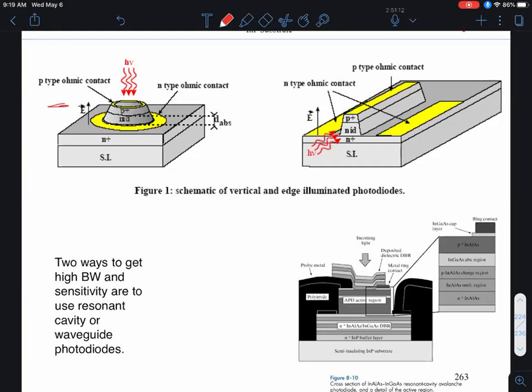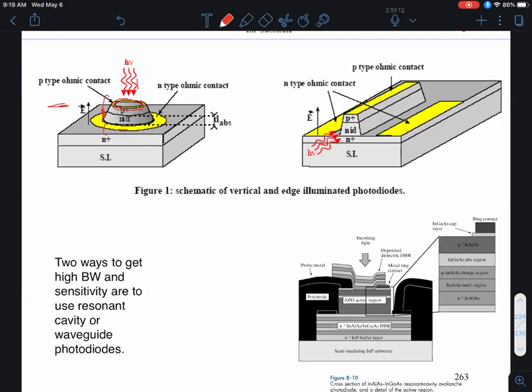And in this system, I shine photons from the top, say, I absorb them, and maybe I multiply them through impact ionization, and these carriers are then collected at the two ends, the two electrodes. All right. Now, of course, you have to make sure that the top surface is not completely covered by metal, because then that would block the light. So you have a ring type electrode structure as shown over here.